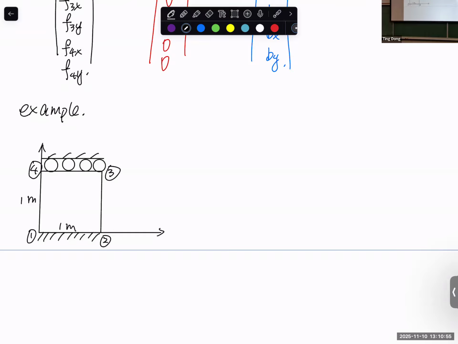So material property, we have Young's modulus, Poisson ratio 0.25. The thickness of the structure is 0.1 meter. This is the same. And the edge length of the square is 1 meter.